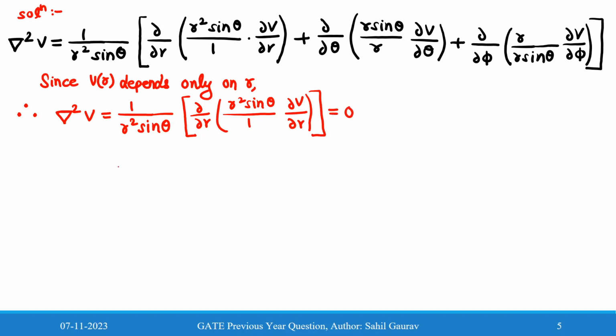From the Laplace equation, on simplifying this will become r square dV dr is equal to A, where A is a constant.